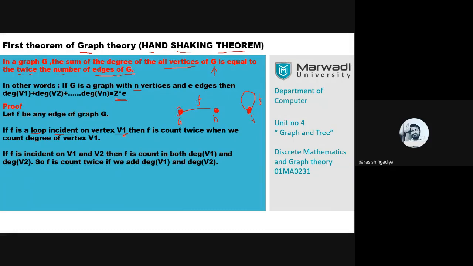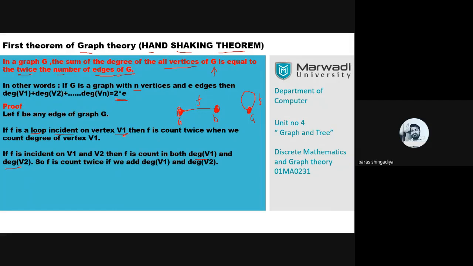What is the degree of A? It is 1, because f is connected with this vertex. And the degree of B is also 1, because f is connected with this vertex too. So this edge is counted at two places, at two different vertices, vertex A as well as vertex B. So f is counted in both the degree of v1 and the degree of v2.